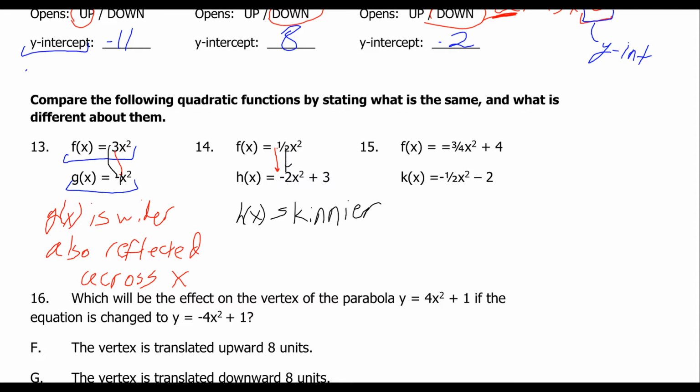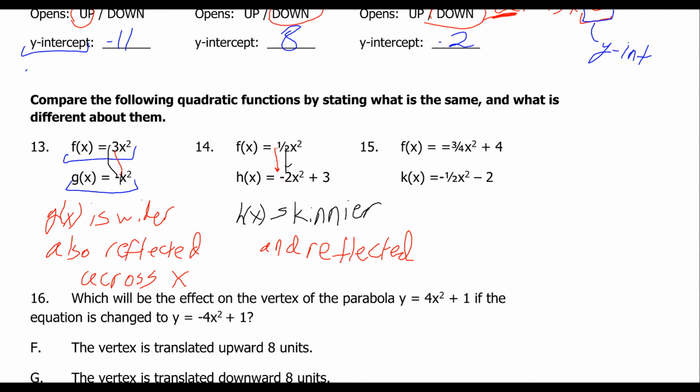Whenever it switches from being positive to negative like that, it means that there's going to be a reflection. So h of x is skinnier and reflected. And there we have it.